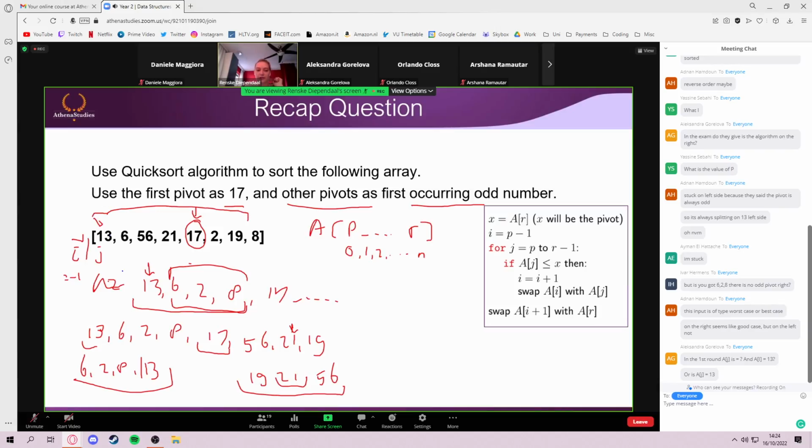So j starts at 13. And then you compare it and you say, okay, 13 is smaller than 17, so i moves on to this part. Yeah, so a of j is going to be 13, and the i starts before the array, but it quickly moves on to 13 as well.